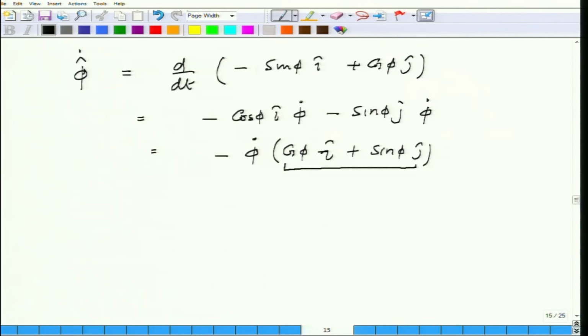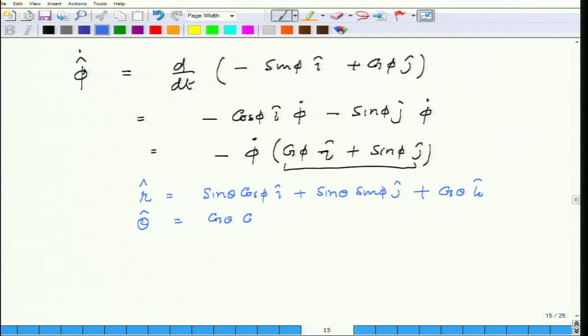Now I want to bring this in the form of a combination of r unit vector and theta unit vector. So recall again, r unit vector was sine theta cosine phi i plus sine theta sine phi j plus cosine theta k, and theta unit vector was cosine of theta cosine of phi i plus cosine of theta sine phi j minus sine of theta k.